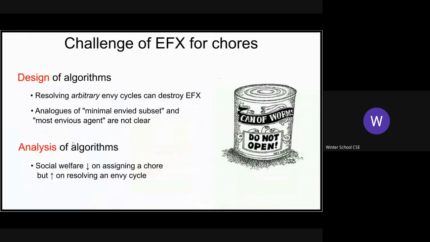Here are some of the reasons why chores with EFX is a difficult problem. Again, this is my opinion; maybe your opinion differs. I think the challenge of EFX has to do both with the design as well as the analysis of algorithms.